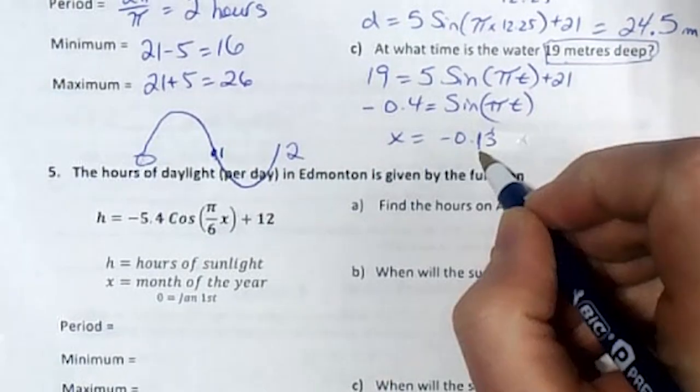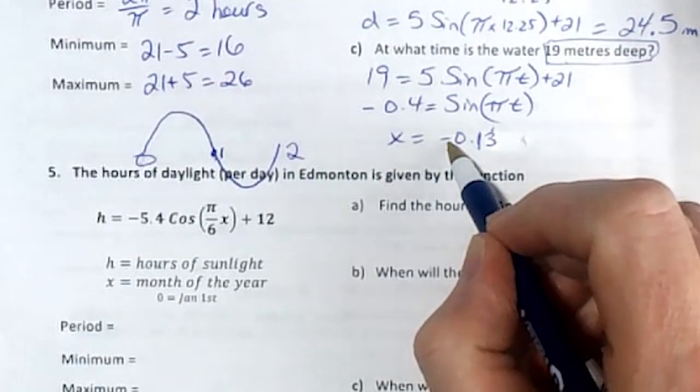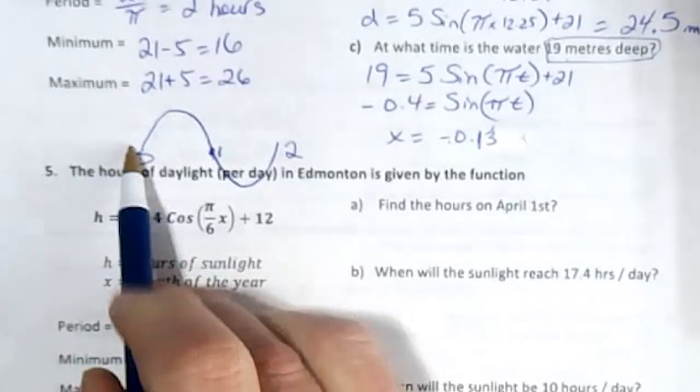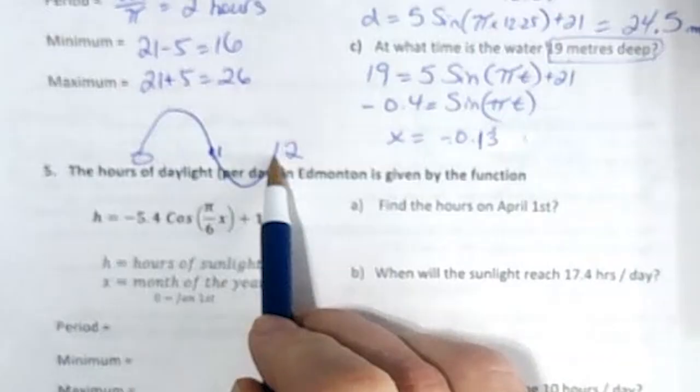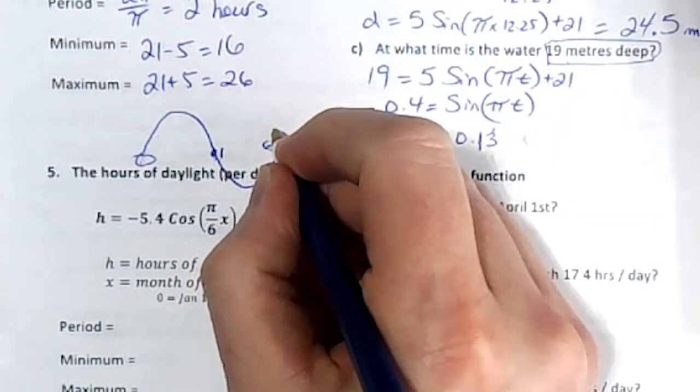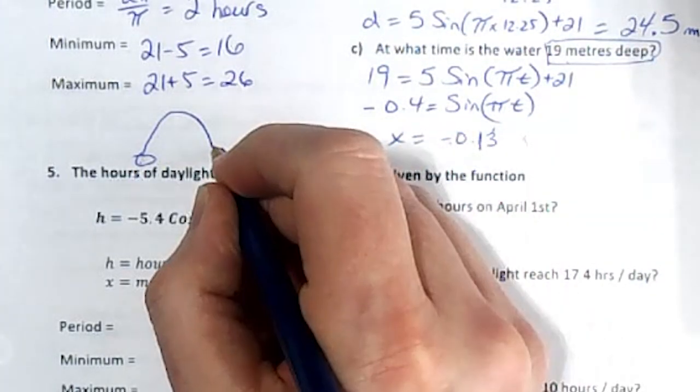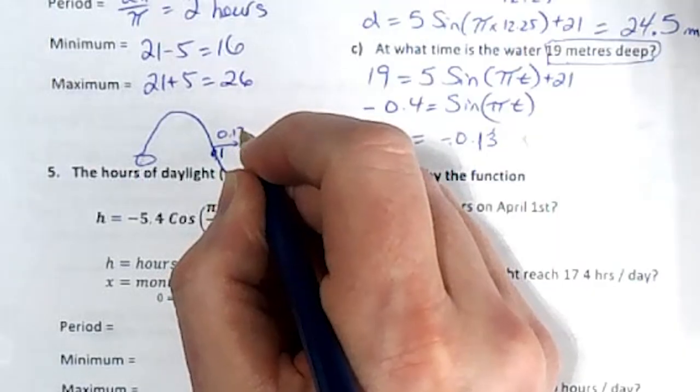So what we need to do now is it's negative, which means we're not going negative, we're hopping into quadrants 3 and 4. So what we're going to do is we're going to subtract 0.13 and we're going to add 0.13.